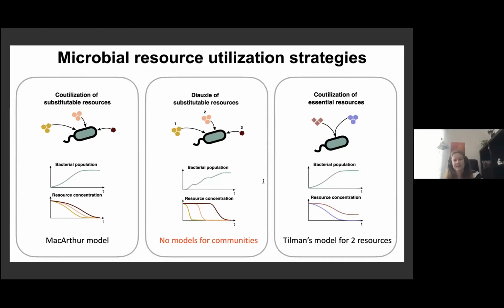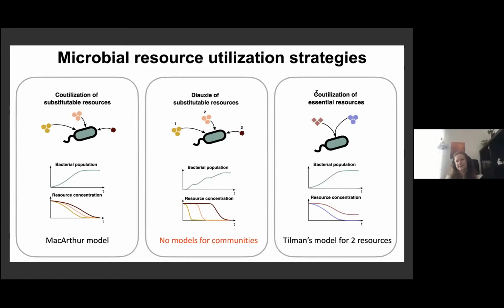And as of now, there are 3 major groups of assumptions. One is co-utilization of substitutable resources, and this is the most popular one, so we're going to start with that. Another one is diauxie of substitutable resources, which means that a microbe will switch from one resource to another and consume just one resource at a time, one by one.